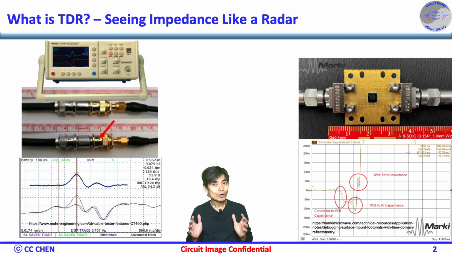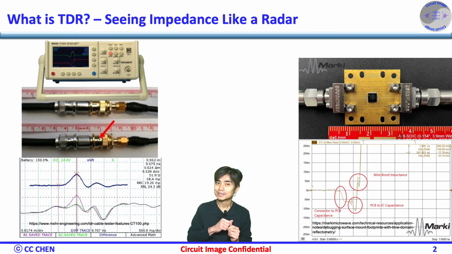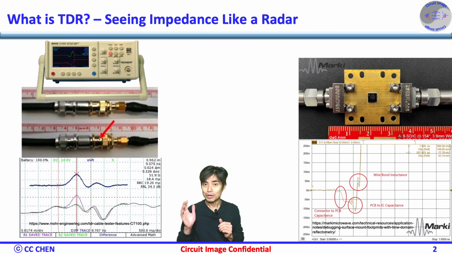The time delay of the reflection tells us the location of the issue. The magnitude of the reflection reveals the severity of the mismatch. It directly maps impedance variation along the interconnect length. This means you can pinpoint the exact source of SI problems.